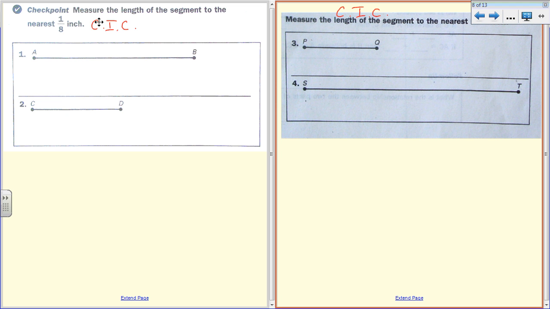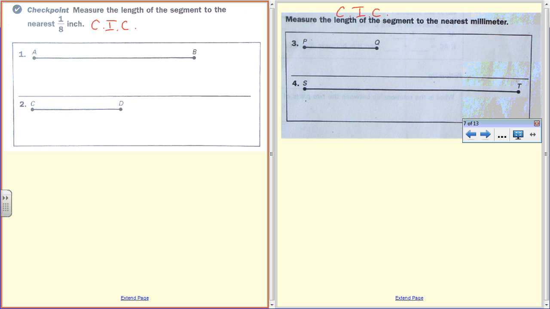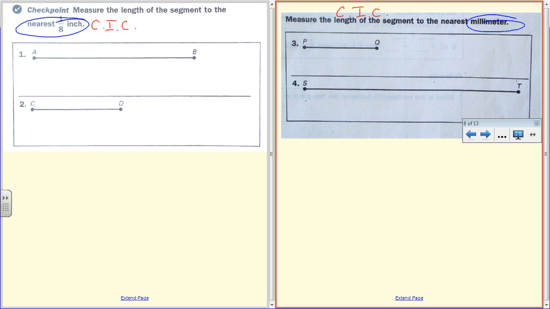We were told to use one on Friday, and so you should have these 4 measurements. Look closely though, make sure you're paying attention. 1 through 3 is the nearest 1/8 of an inch, and we'll have some measuring in inches in class on Friday, and then the nearest millimeter for 3 and 4.